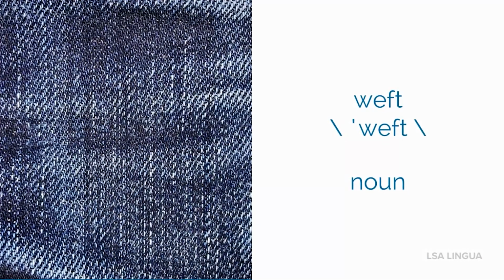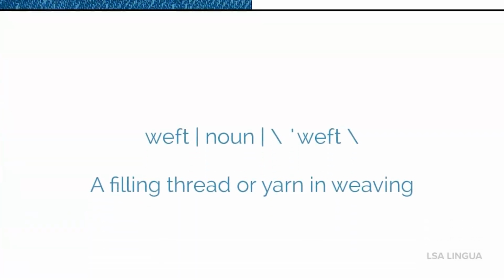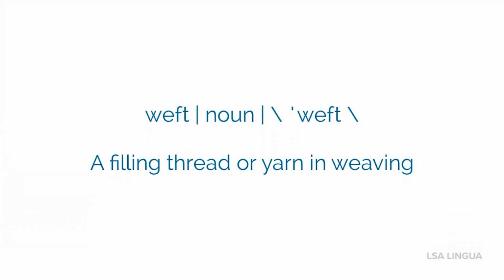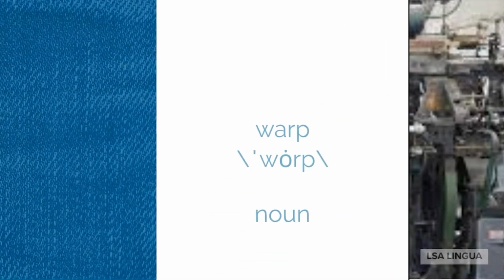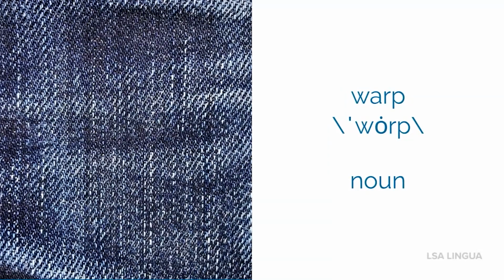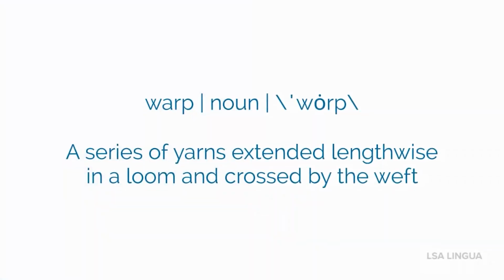Weft, noun. A weft is a filling thread or yarn in weaving. Warp, noun. Warp is a series of yarns extended lengthwise in a loom and crossed by the weft.